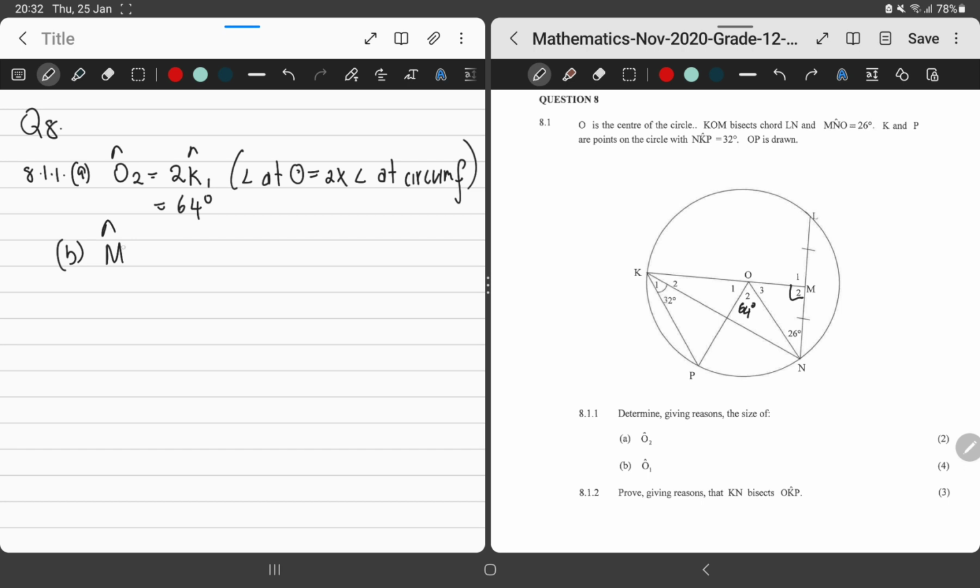So we said that M2 is equal to 90 degrees because the line drawn from center to midpoint of chord.